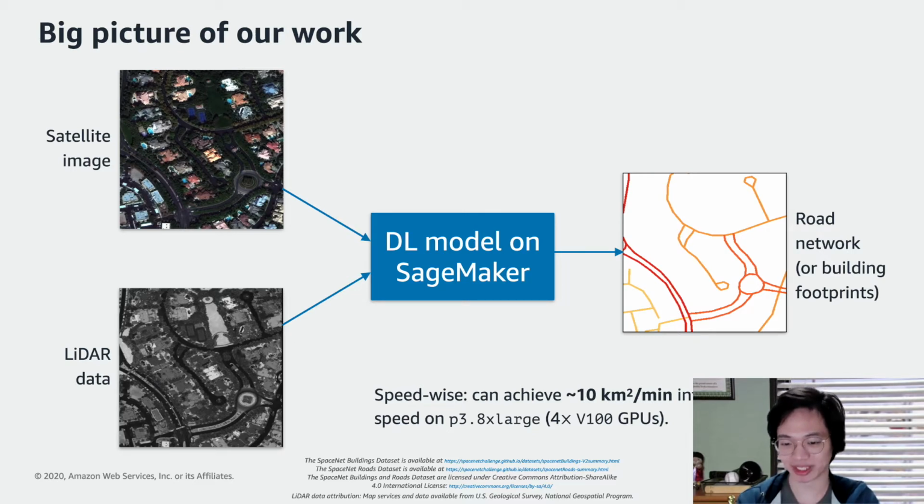Speed-wise, we can achieve about 10 square kilometers per minute inference speed. It means that we can process this much area in 1 minute on a P3.8xlarge instance. It contains 4 V100 GPUs, which is quite powerful, and you don't have to worry about the installation of all kinds of CUDA libraries or Python libraries. The SageMaker instance already has those things.